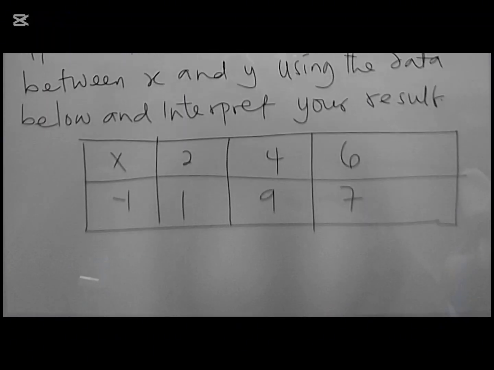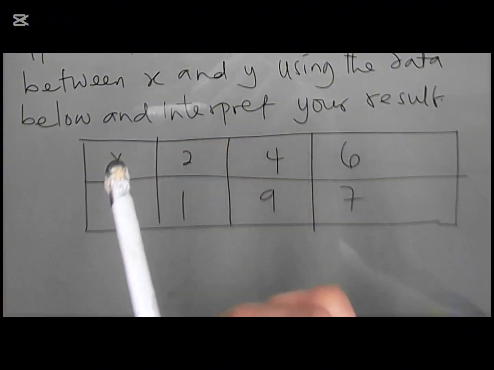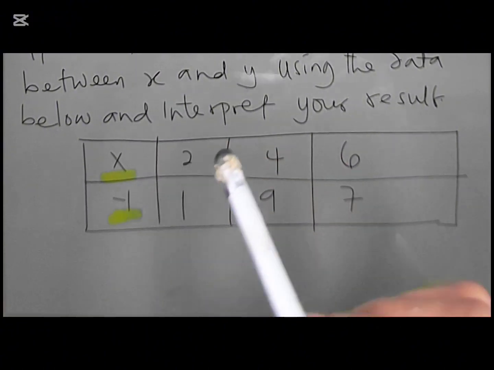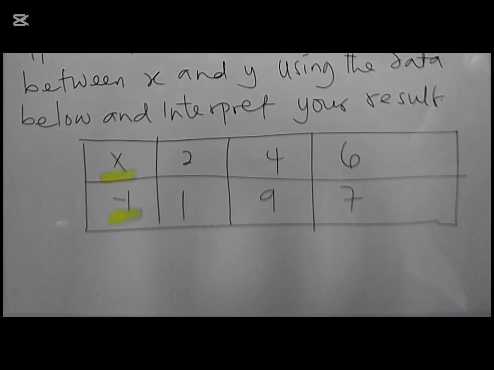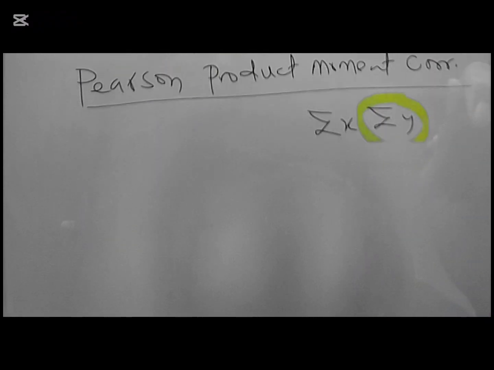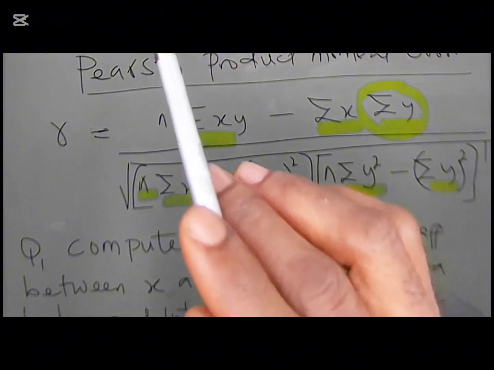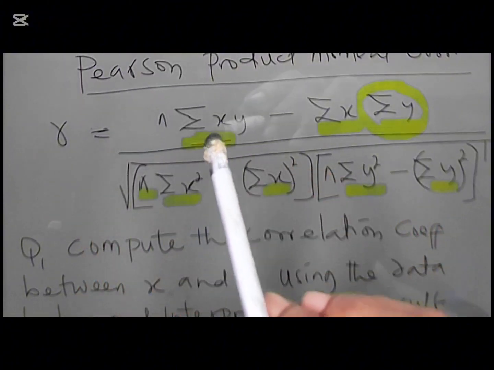Let's remember in this table, what we only have is x and y. So we don't have xy. That means you have to create xy because there's xy in this particular formula here. Please take note.